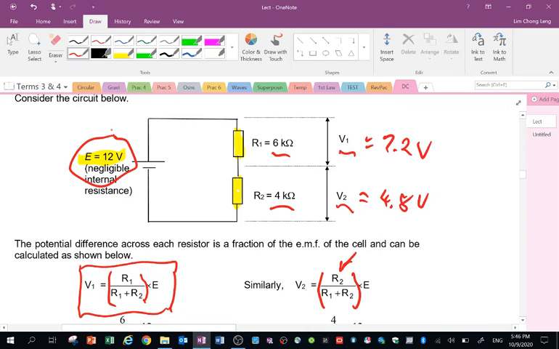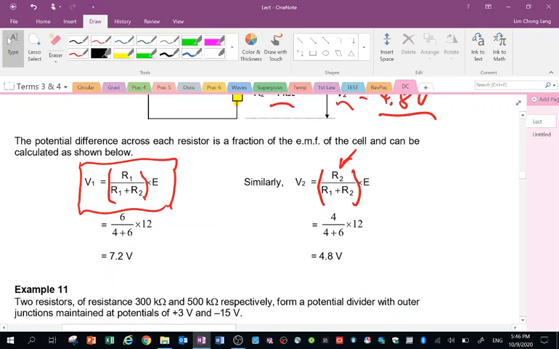Then 4 parts out of 10 of 12 is 4.8, and 6 out of 10 of 12 is 7.2. So it is actually the ratio of the resistances. The PD across each resistor follows the ratio of the resistances. As I go on, you will be able to pick up this concept.